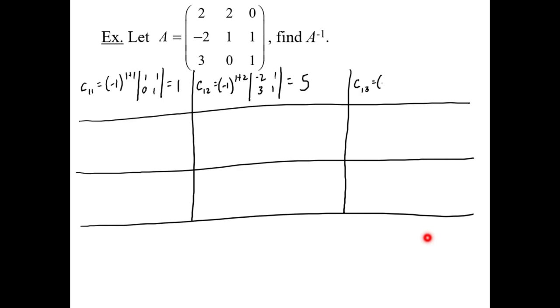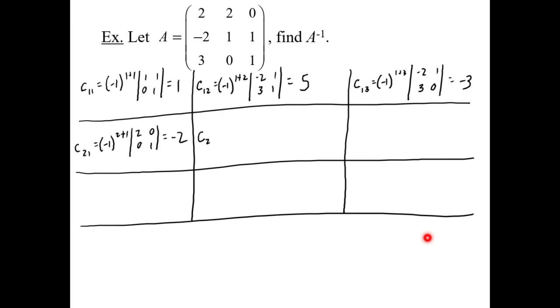C13 is going to be -1 to the 1 plus 3 power times the smaller matrix, -2, 1, 3, 0, and I'm getting -3. Okay, I'm just going to do the rest of these real quick. I could probably pause the recording and just show you the final answers, but you know what?